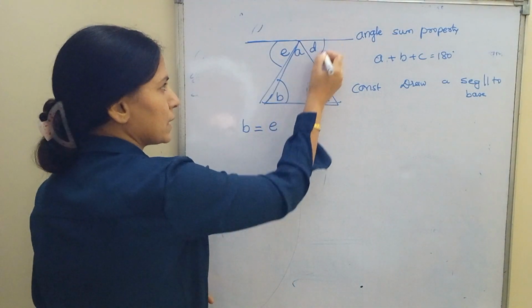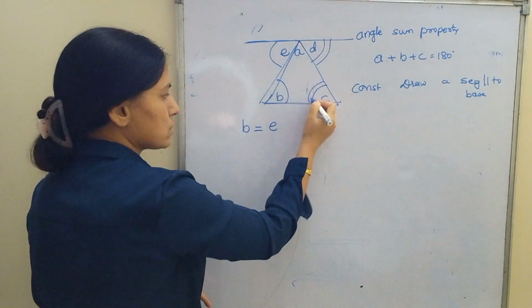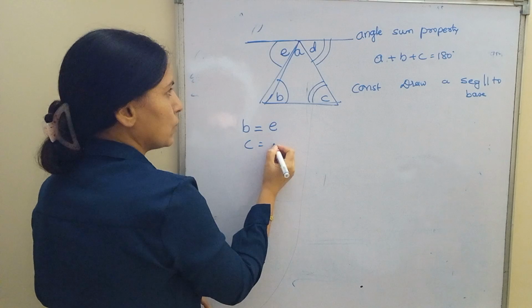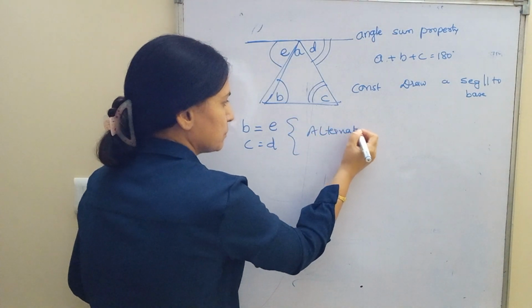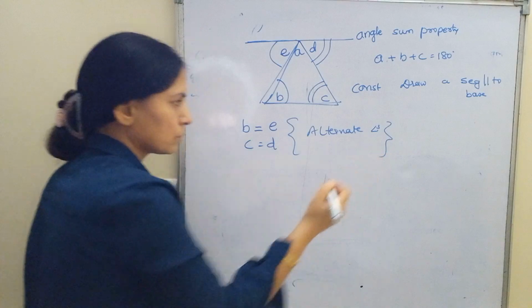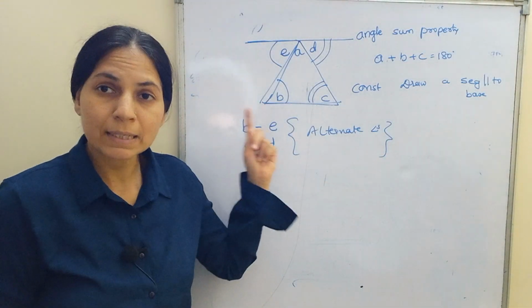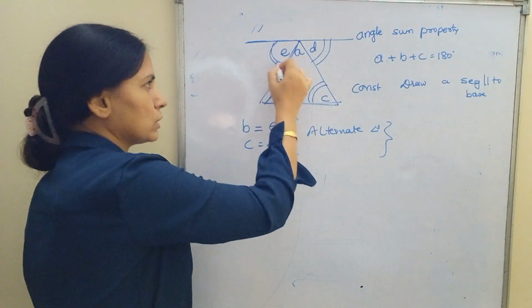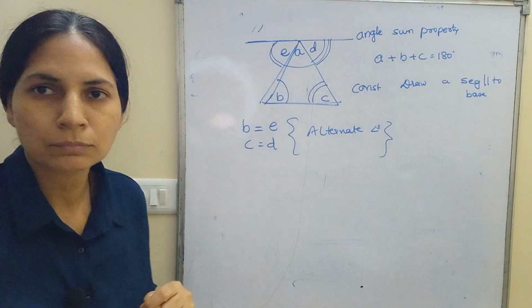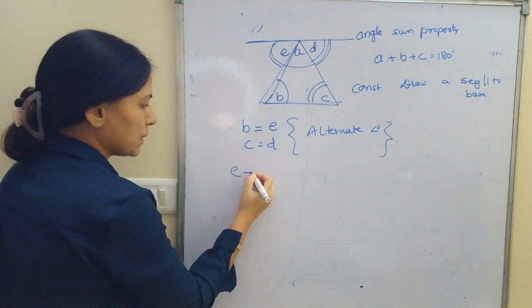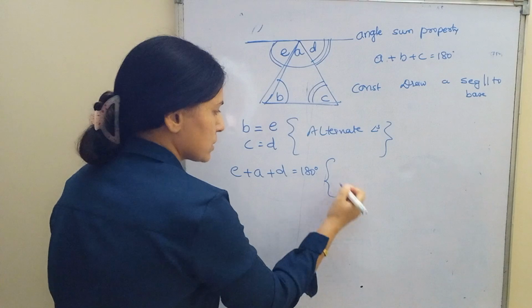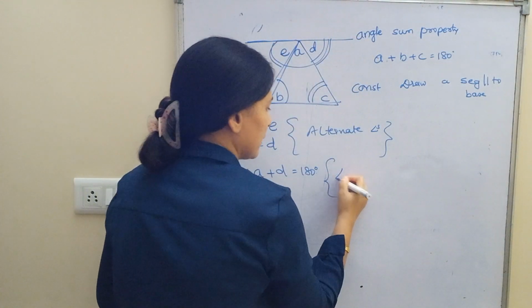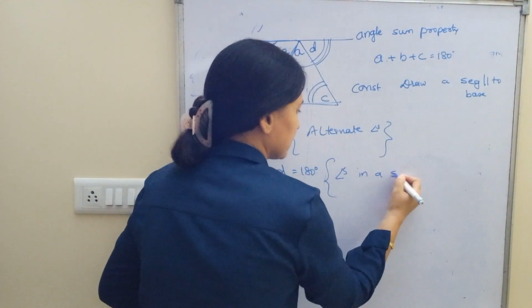The Z forming angles are called as alternate angles, and alternate angles हमेशा congruent होते हैं parallel lines में. Similarly, can I say this is equal to this? That is C is equal to D. Reason: both alternate angles. Can I say that ये तीनों मिला के 180 है? That is E plus A plus D is equal to 180. My dear students, just now बताया ना एक लाइन में angles in a straight line.